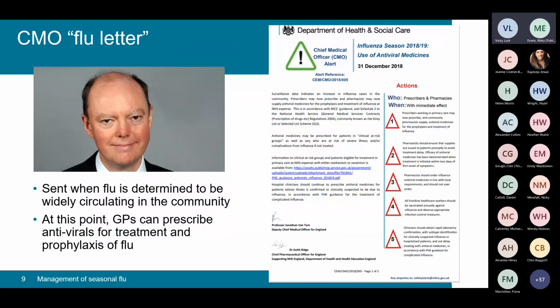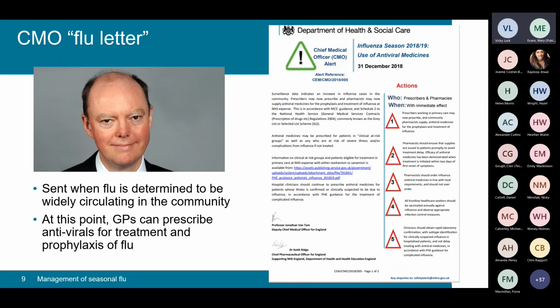So generally, prior to life before COVID, I don't know if anybody can remember life before COVID, flu was determined to be circulating once it was widely seen within the community. And at that point, GPs would be able to prescribe antiviral treatment and prophylactic treatment of flu.